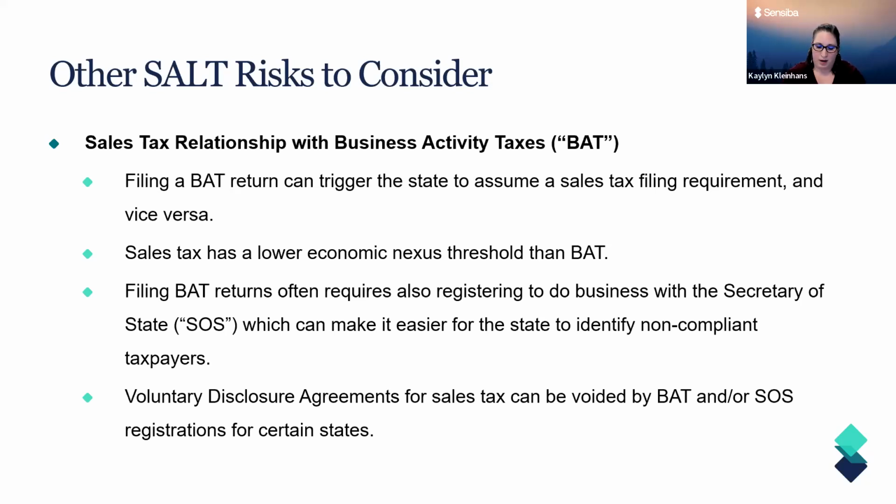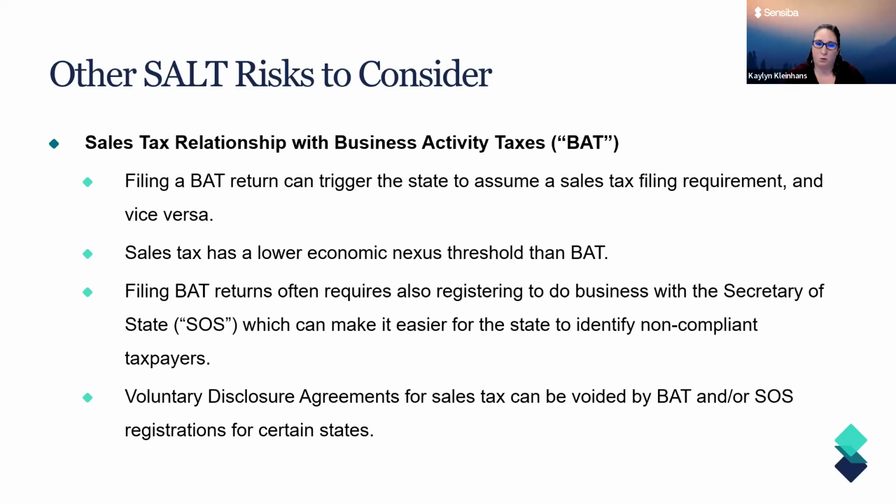And the reason for that is because sales tax has a lower economic nexus threshold than BAT taxes usually do. So sales tax economic nexus threshold, as Aubrey mentioned earlier, is about $100,000 of gross sales. For BAT purposes, that threshold is generally $500,000.